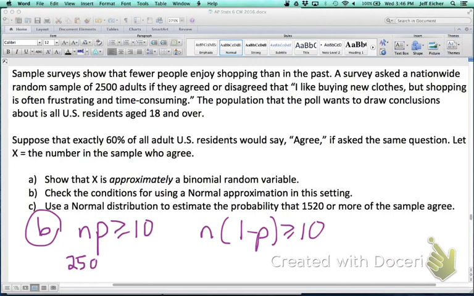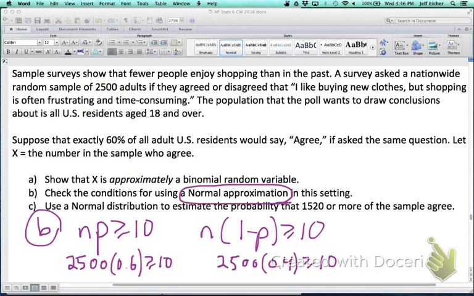So 2500 times 0.6, that's definitely greater than or equal to 10. And so is its complement, 2500 times 0.4. So since both of these are greater than or equal to 10, we can use a roughly normal or a normal approximation in this setting.